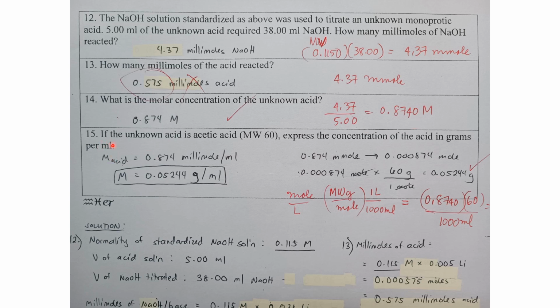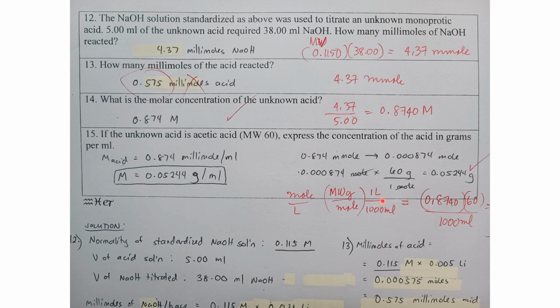Now, the last question is to convert this molar concentration to a concentration na grams per ml. You are given the molecular weight. So, di ba, ang molar concentration is mole per liter. If you multiply it by the molecular weight, which is in grams per mole, magka-cancel out yung mole. Maiiwan yung grams. Now, we want to get rid of liter, para ml ang lalabas per ml.